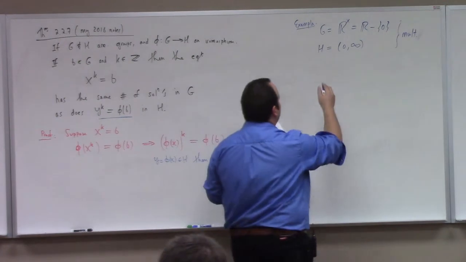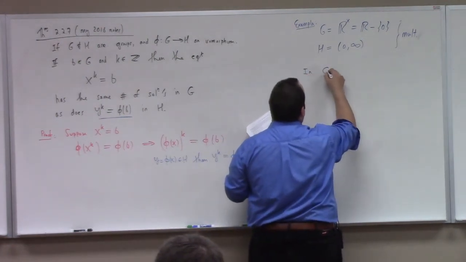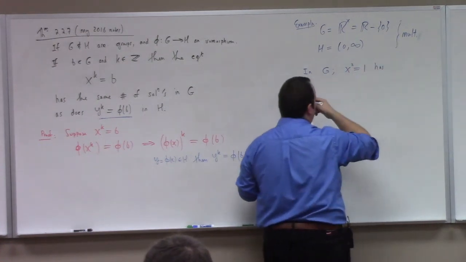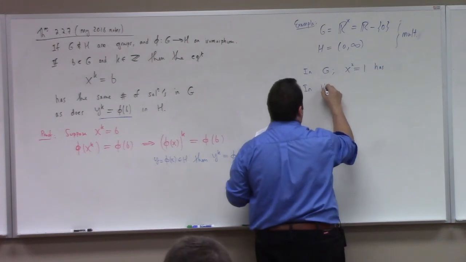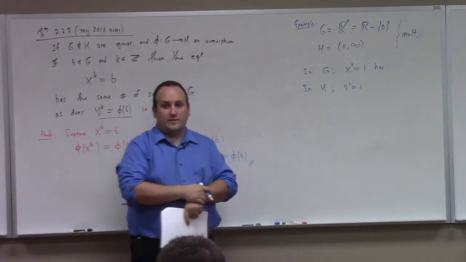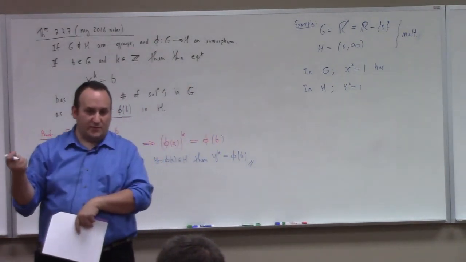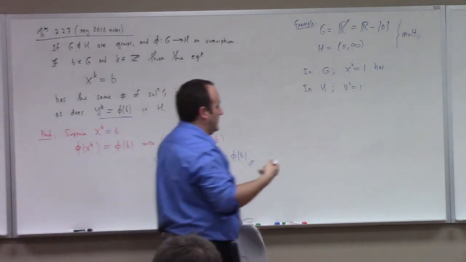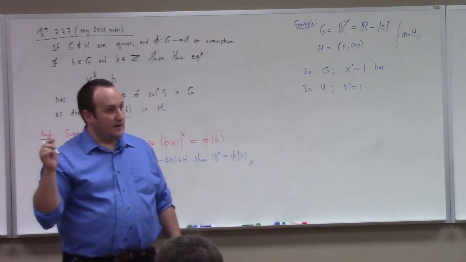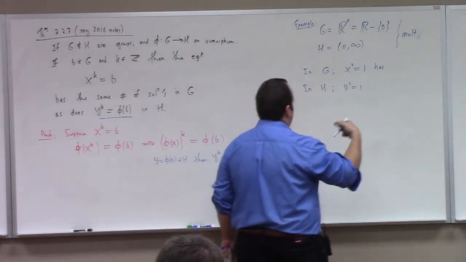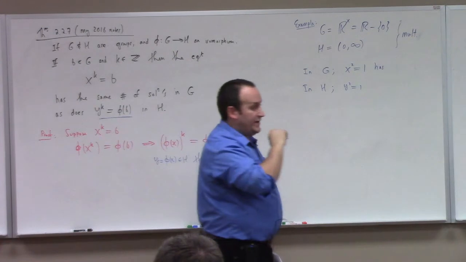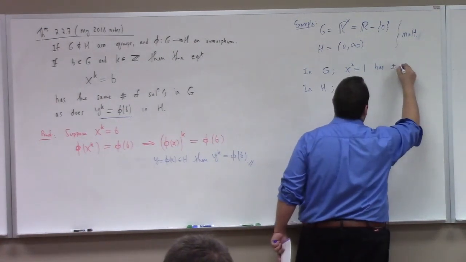So here's the point. In G, what do we have? X squared equals 1 has what? First of all, 1 is super useful, because if there is an isomorphism, what does phi of 1 have to be? Phi of 1 is 1 again. The solutions to the first one are 1 and minus 1.